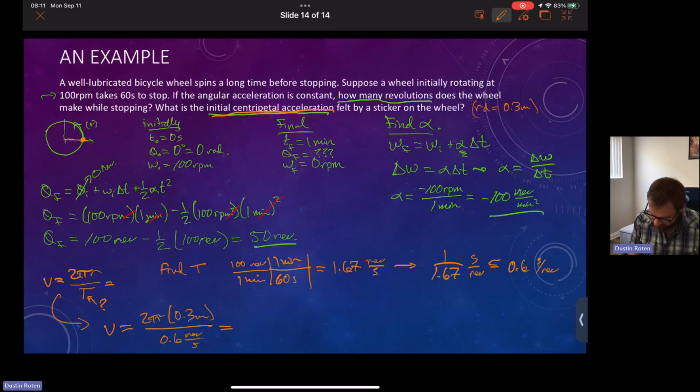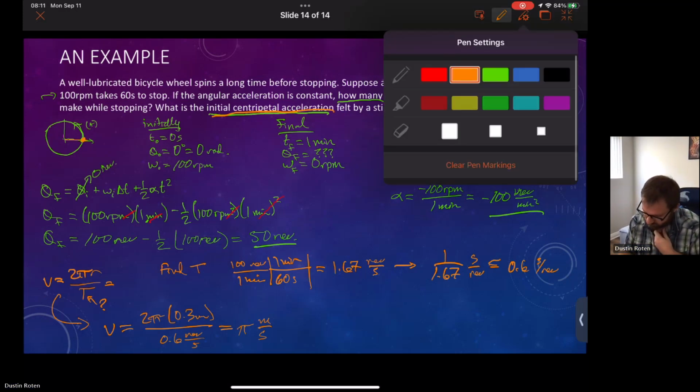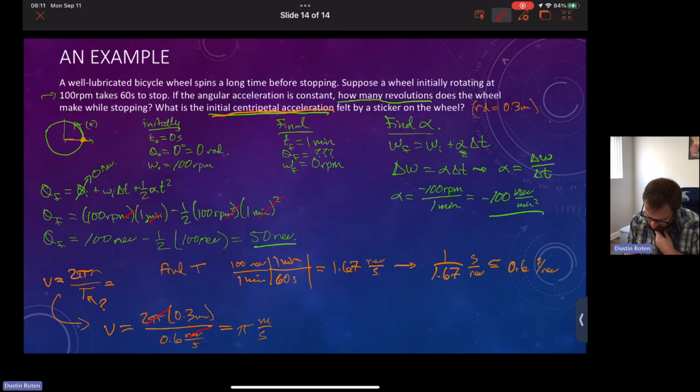We have this 2 times 0.3. Well, that's just going to be 0.6 in the numerator. And it turns out our velocity is actually just pi meters per second, because the 2 pi and the revolutions here, they're going to cancel. And then we're just left with meters per second.